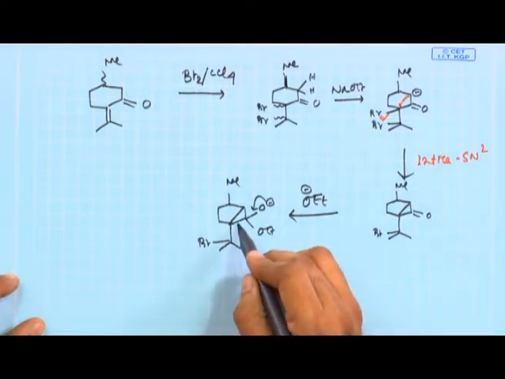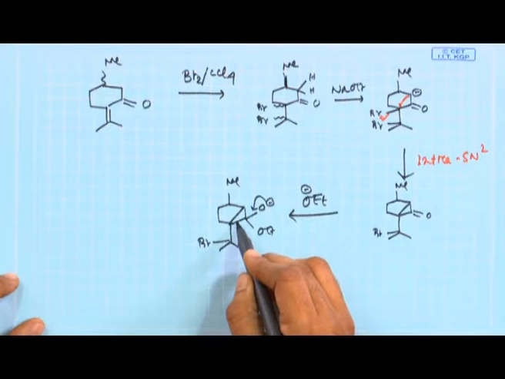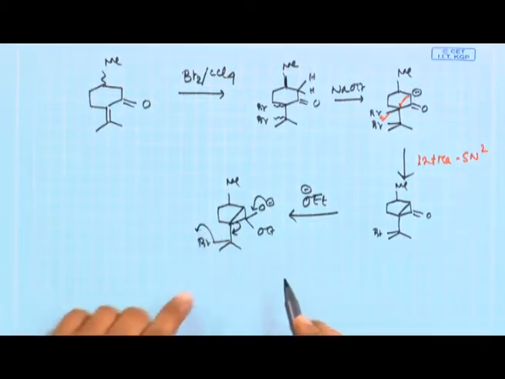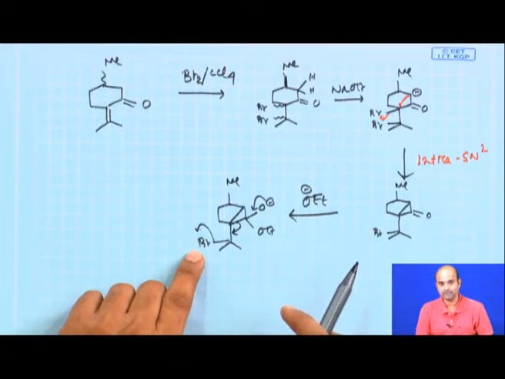Eventually, when these bonds try to break, it will find that instead of stopping the reaction here, it can relate further, as one of the Br is there which can act as a leaving group. So, that was the Favorsky reaction followed by a nice elimination reaction or a fragmentation reaction.